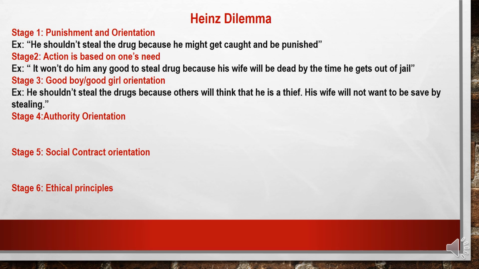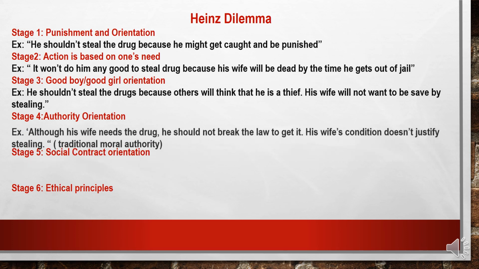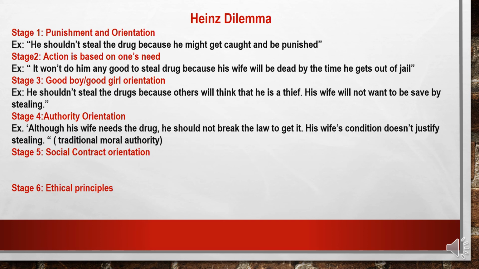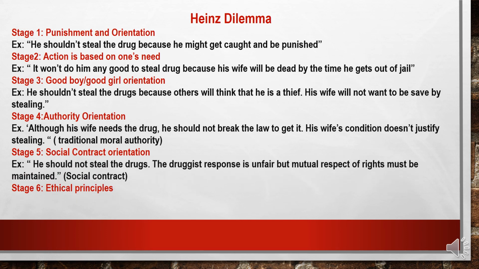For stage 4, authority orientation: although his wife needs the drug, he should not break the law to get it. His wife's condition doesn't justify stealing. So that is traditional moral authority. For stage 5, social contract orientation: he should not steal the drugs.